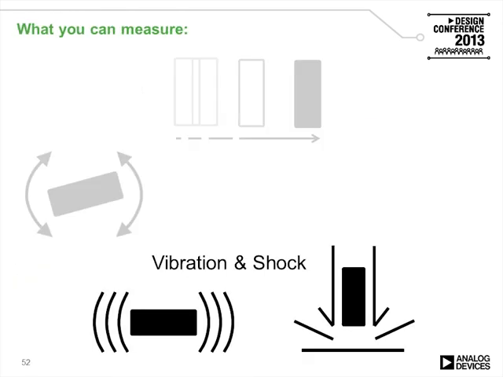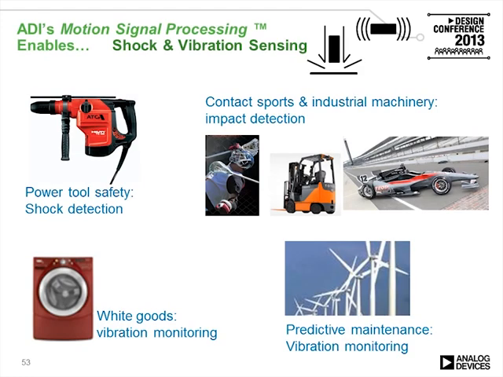Another type of motion you can sense with a MEMS sensor is shock and vibration. These are just like linear motion, only faster, and in the case of vibration, repetitive. So a vibration could be thought of as back and forth linear motion.